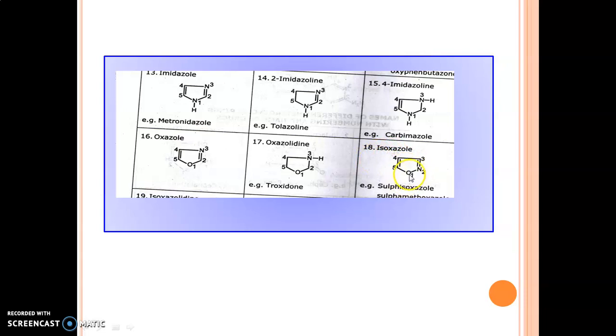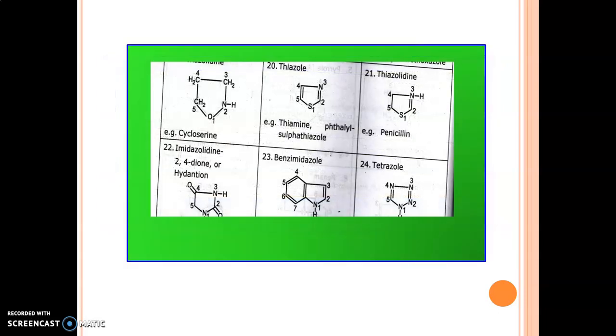At one position is oxygen, and at second position is nitrogen. It is a 5-membered ring containing two heteroatoms, oxygen and nitrogen, at 1 and 2 position, called isoxazole. When there is saturation of both the bonds, isoxazole is converted into isoxazolidine, and when there is saturation of one double bond, isoxazole is converted into isoxazoline.